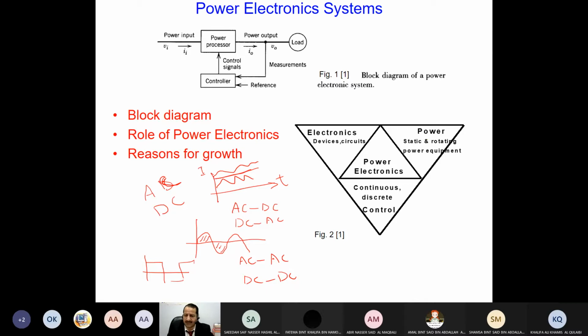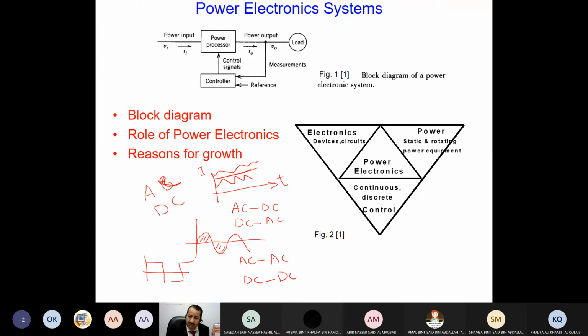For DC to DC, say you have a 12 volt battery, but your device, a radio as an example, or a tablet or laptop you want to charge, needs 5 volt, but the supply is 12 volt. So what should you do? You use a DC converter, which converts the 12 volt into 5 volt.